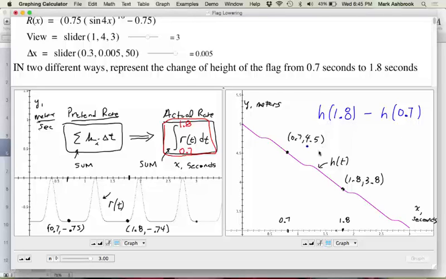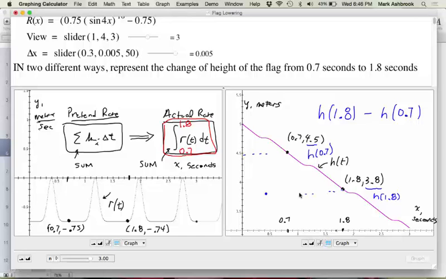Okay, so what is h of 1.8? Right here, this is h of 1.8. It's the output of the function when the input is 1.8, right? And this is h of 0.7, the output of the function when the input is 0.7.